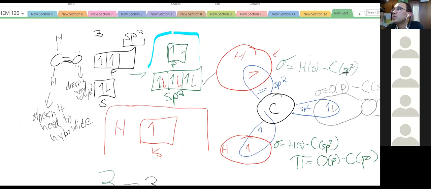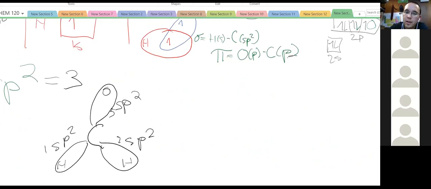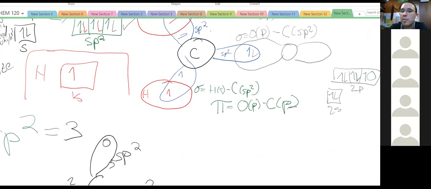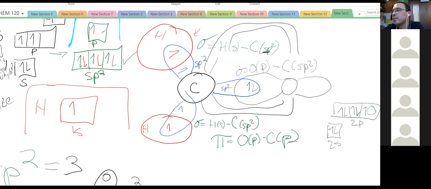P. We still have that second bond for that double bond. And so that's why on the pi bond, it's only the p, because it's no longer one of these 3. It's instead that top and bottom bond that forms that pi bond for the double bond.